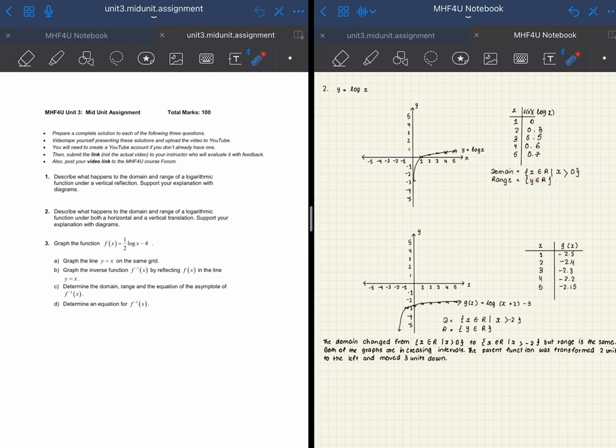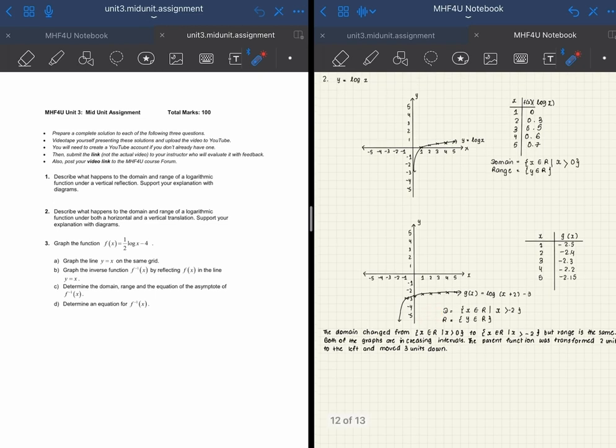Now we are going to transform this graph under both horizontal and vertical translation. The equation of the transformed graph would be g of x equals log(x + d) + c. Here we'll be using an example equation, g of x equals log(x + 2) - 3, and this is the graph that has been transformed with the equation.